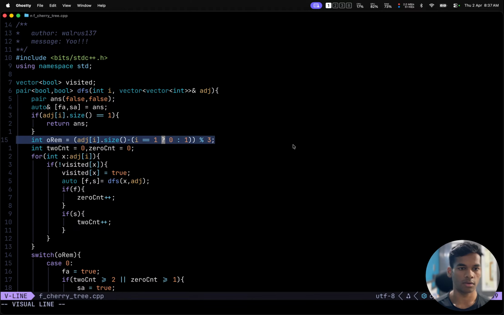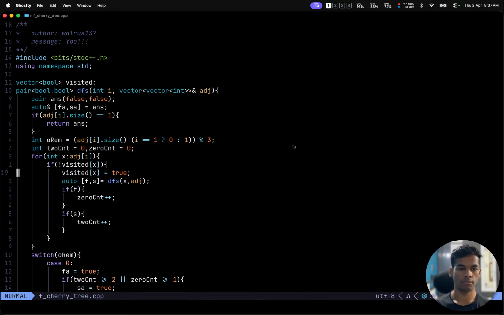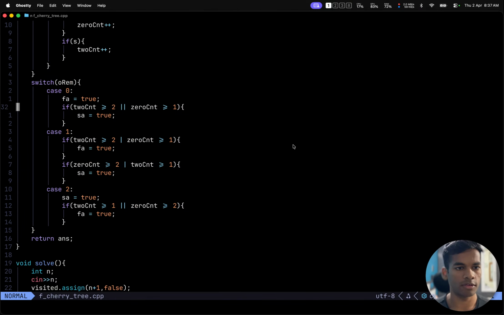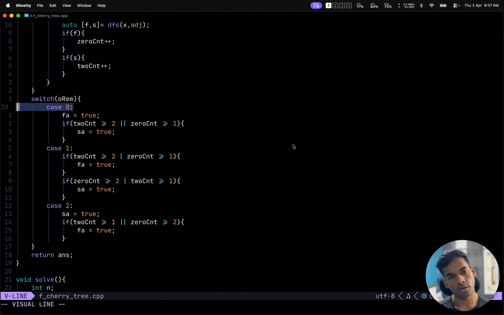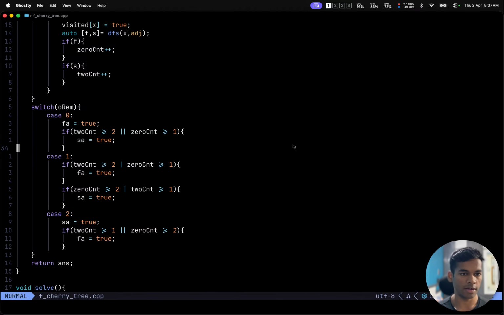Okay. And the conditions before submitting, let's just check this. ORM is 0. That absolutely means that 0 is a possibility here, and FA equals true.